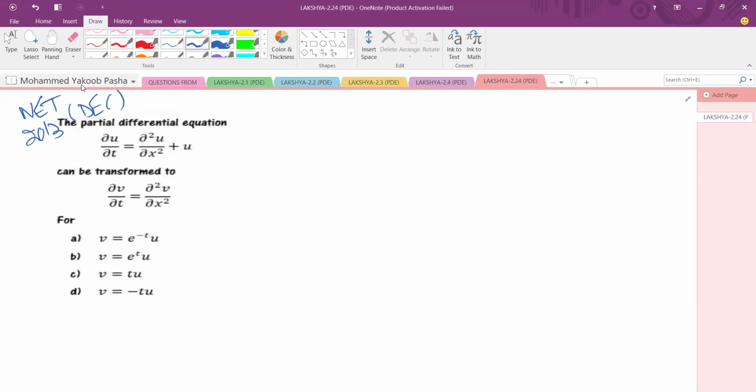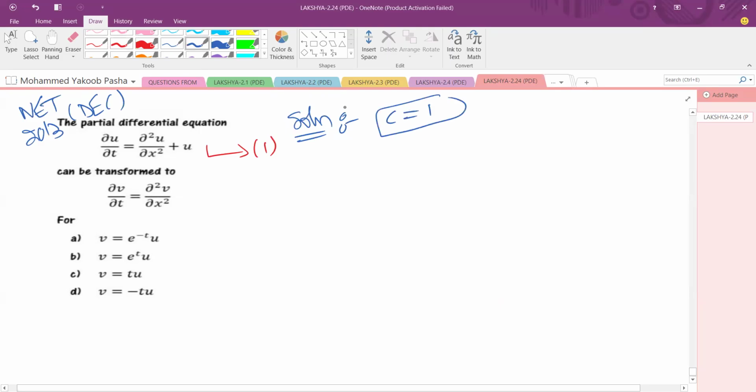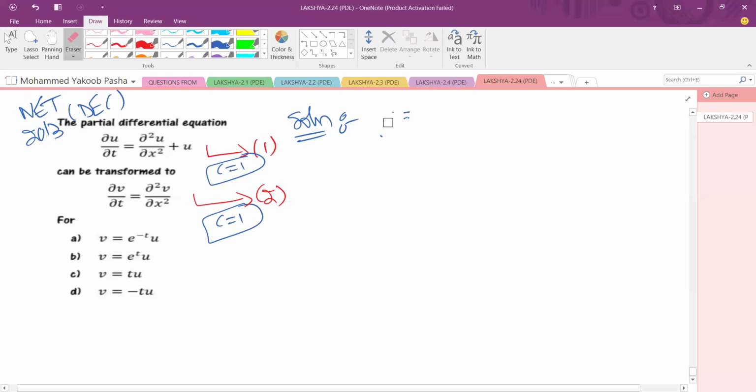Okay. First, I am taking this as equation number 1. So, what is my C here? C is equal to 1 here. This is transformed to this equation: dou v by dou t is equal to dou square v by dou x square.